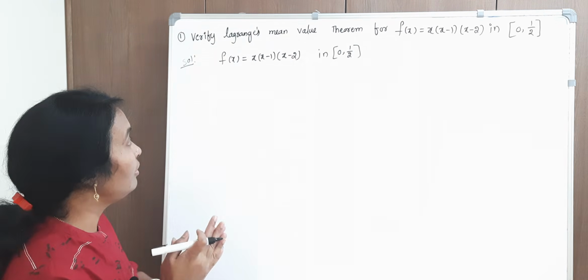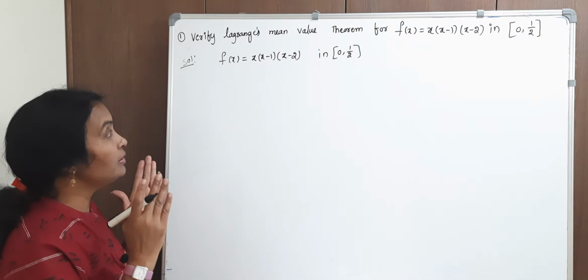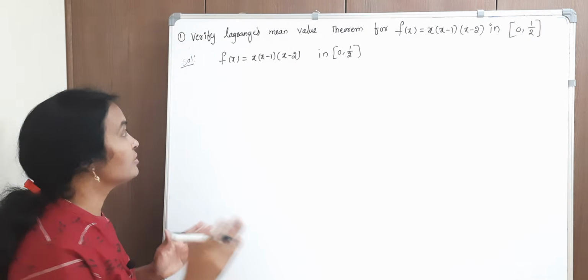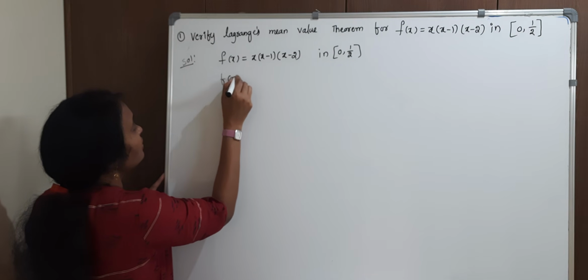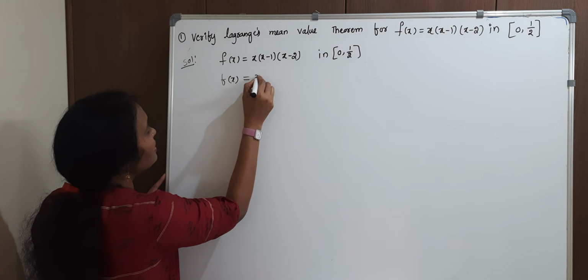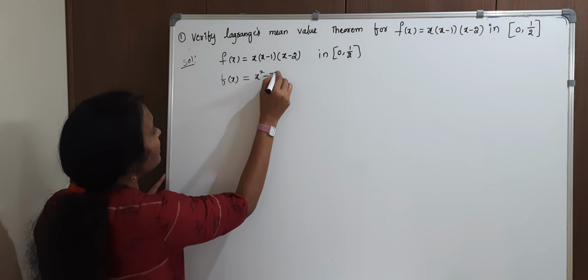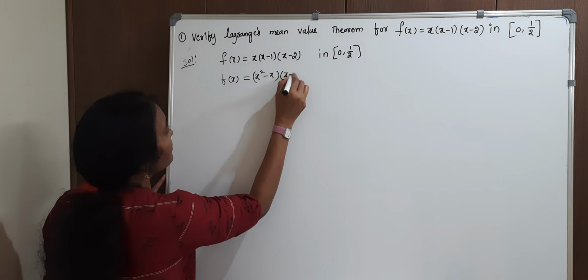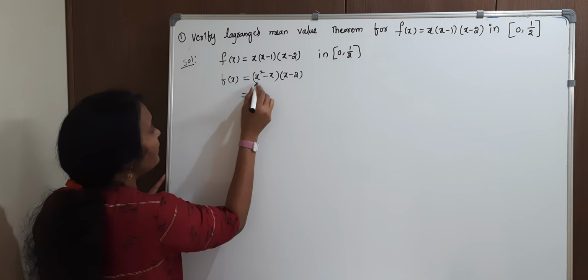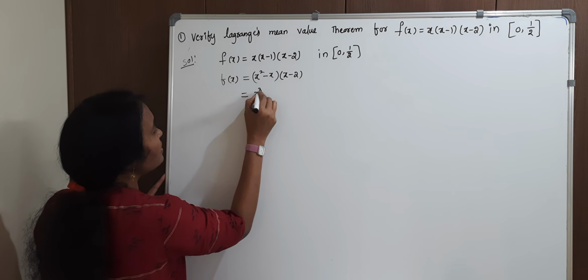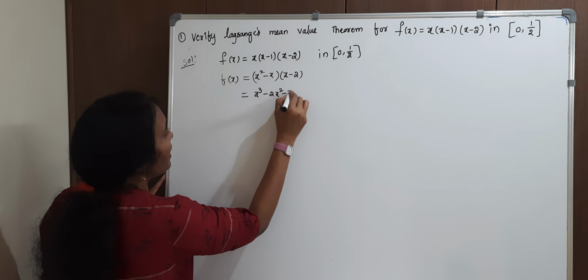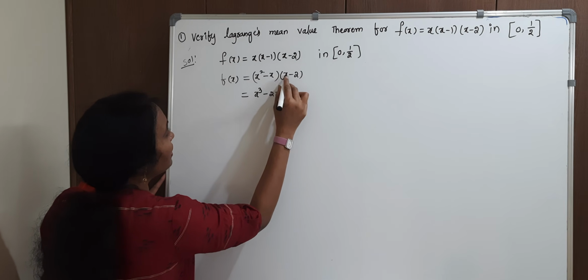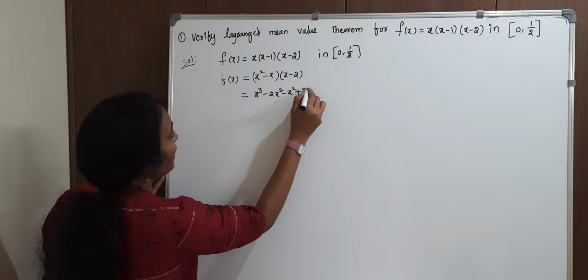First of all, you need to check whether it is continuous or not. First, I want to write it in terms of a polynomial. Product of this is x square minus x, times x minus 2. Now simplify: this becomes x cube minus 2x square minus x square plus 2x.